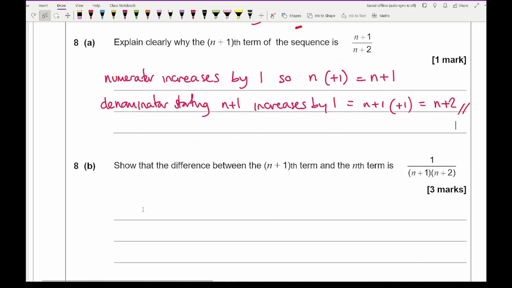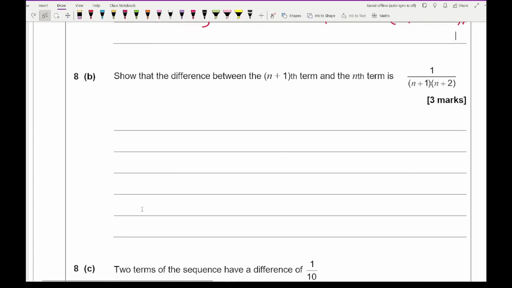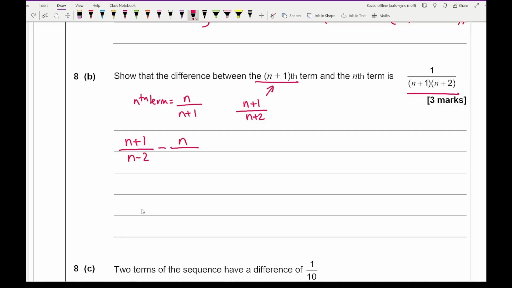And there we go. Then for question 8b, it says show the difference between the n plus 1th term and the nth term is this. Well, we know that this is n plus 1 over n plus 2. This is the next term, so the nth term is n over n plus 1. So all we then need to do is just take these two things away from each other. So we've got n plus 1 over n plus 2 minus n over n plus 1. Now what we want to do is have a common denominator.